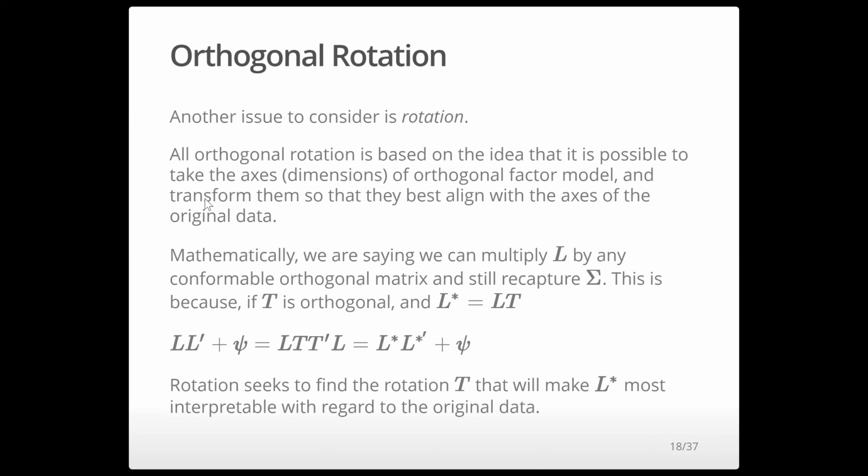So we still capture the same total amount of the variability in our communality by rotating the L matrix as we would if we didn't rotate it. What we're trying to do is find a rotation that will make our L star the most interpretable possible set of factor loadings in terms of our original data.